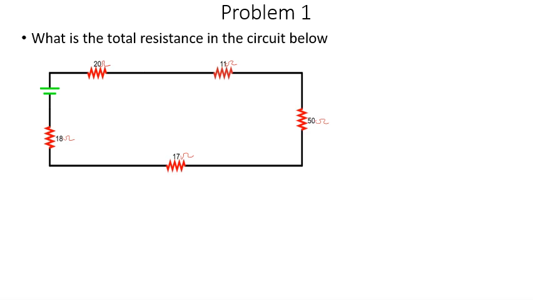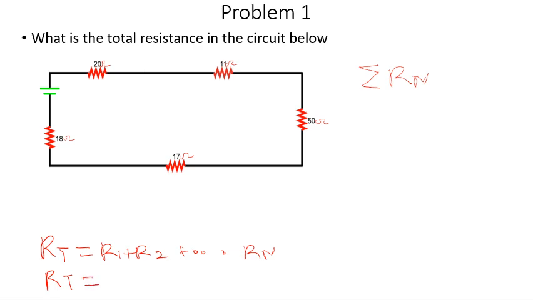Now we know the formula already. It is equal to the sum of resistors: RT equals R1 plus R2 plus dot dot dot up to Rn. How do you solve this question? We have RT equals 20 plus 11.